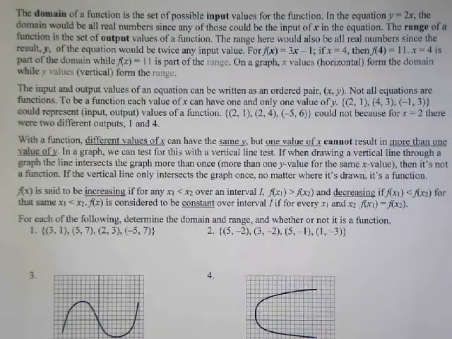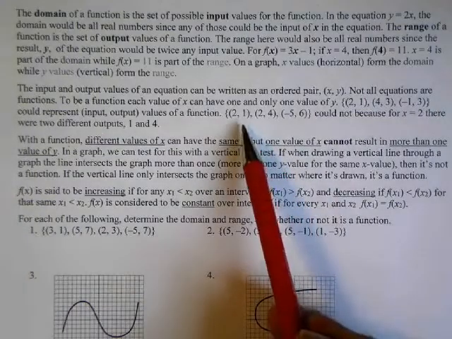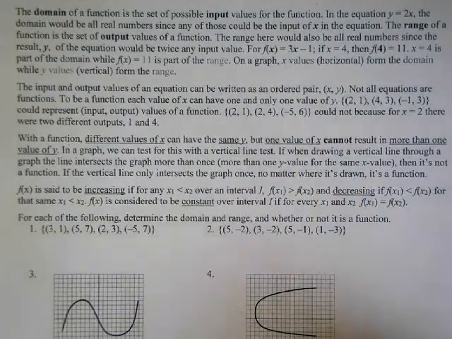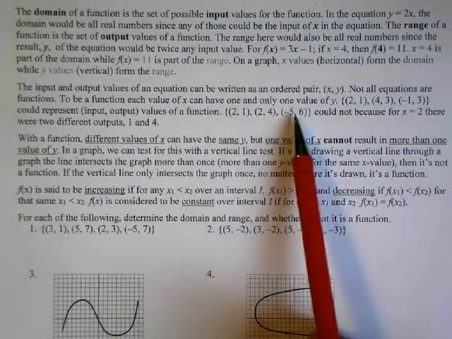Those could, of course, represent points on a graph, but they can also represent the input and output values of a function. Likewise here, (2, 1), (2, 4), and (negative 5, 6) could represent another group of ordered pairs.